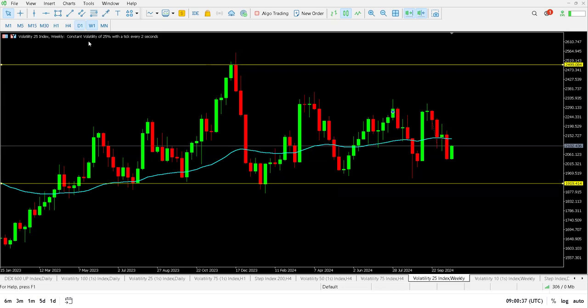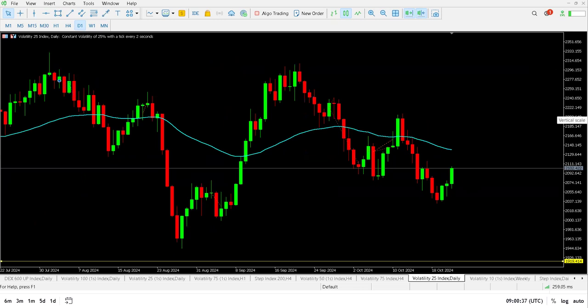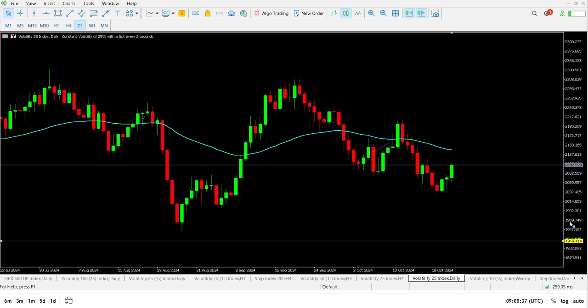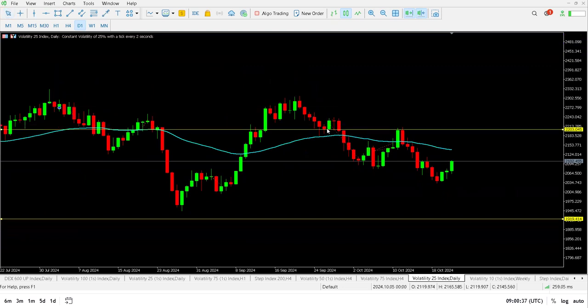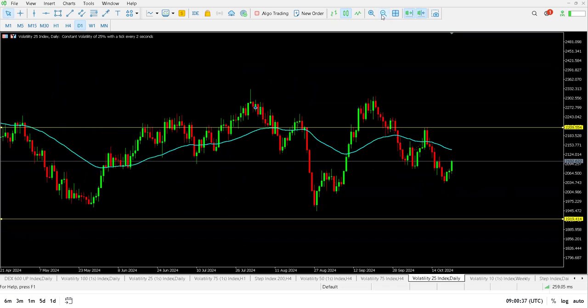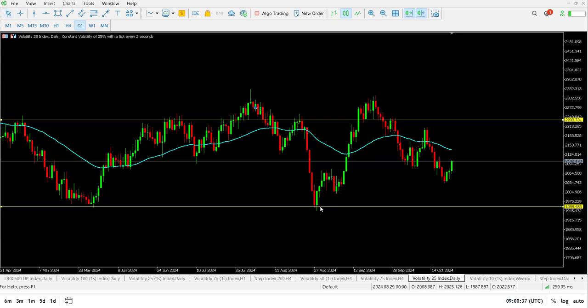This takes us down to the daily time frame. As you can see on the daily time frame, we're also in a bearish market structure. So we had this right here that printed us this low right about here.